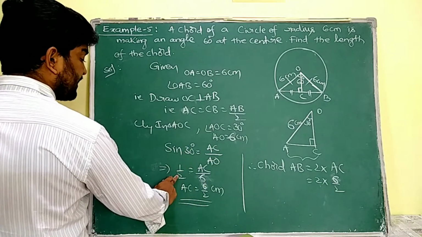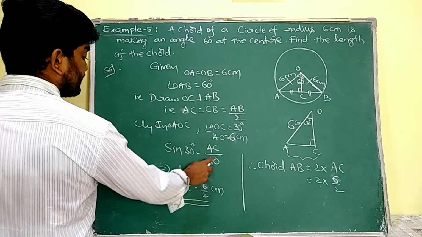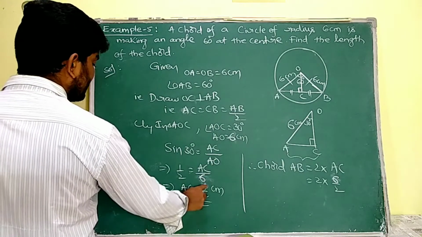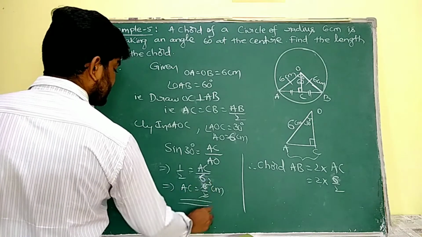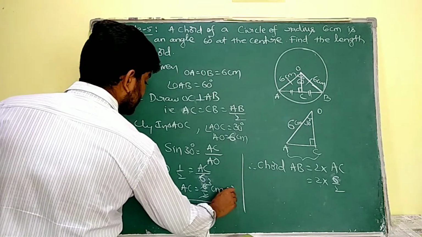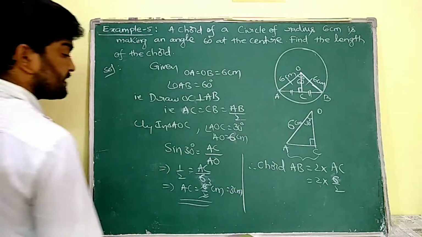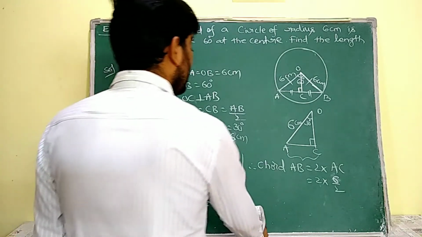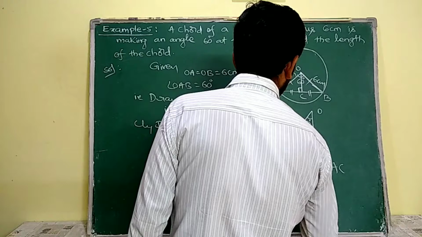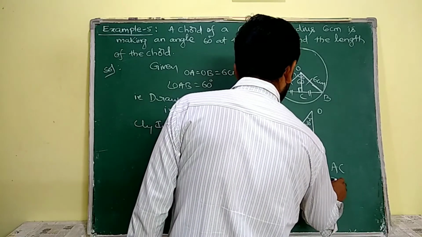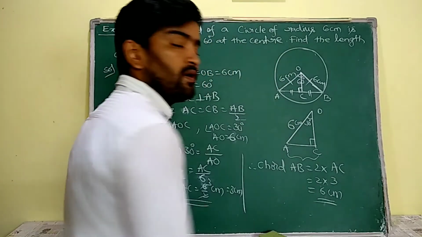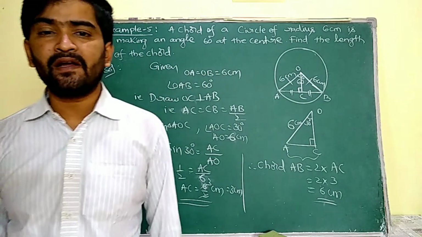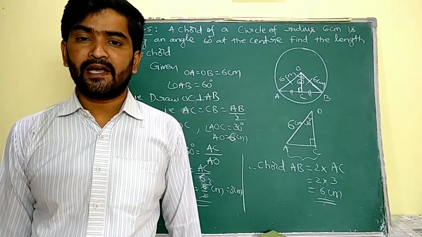Sin 30 is 1 by 2, so 1 by 2 is equal to AC by 6. Then AC is equal to 3 centimeters. If AC is equal to 3 centimeters, then AB is equal to 2 into AC, that is 2 into 3, which is 6 centimeters. In this way also you may find the chord AB.